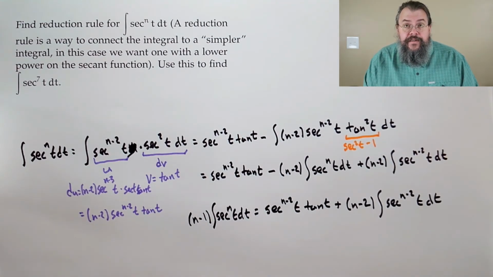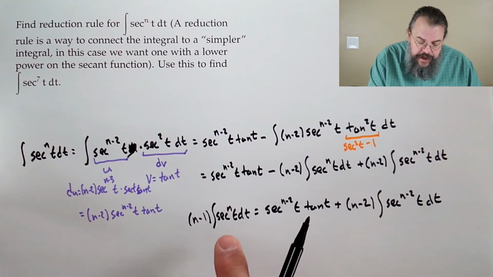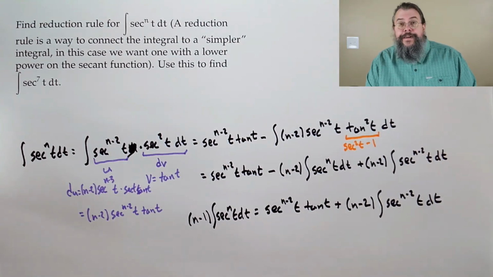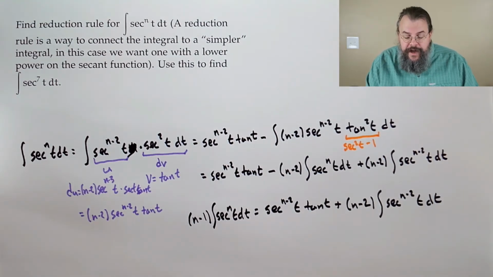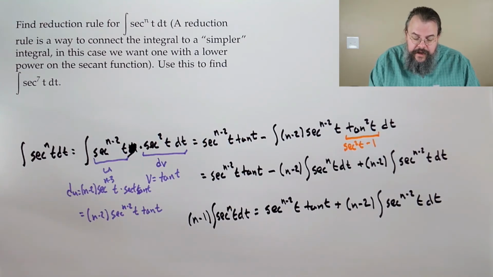Well, let's do the last thing, which is saying, hey, we want to get rid of this n minus 1. So how do we do it? Well, we divide. And so we can say our final answer is the following.